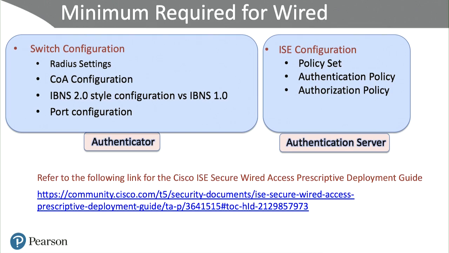IBNS stands for Identity-Based Networking Service, and we'll take a look at the differences between the two in the upcoming slides. From an ICE perspective, it's pretty straightforward, and we've already talked about these components in prior lessons. I need a policy set, I need an authentication policy, and I need an authorization policy. And those are the main components I need from an ICE perspective.